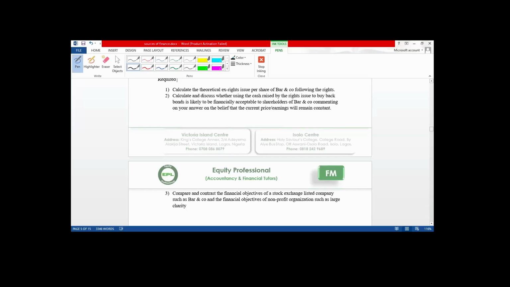Would the shareholders accept this decision or this proposal? You now ask yourself, what matters to shareholders? What matters to shareholders is increase in their wealth.